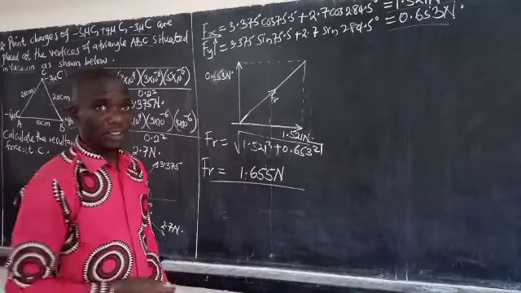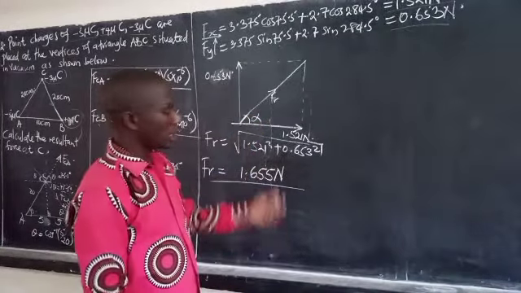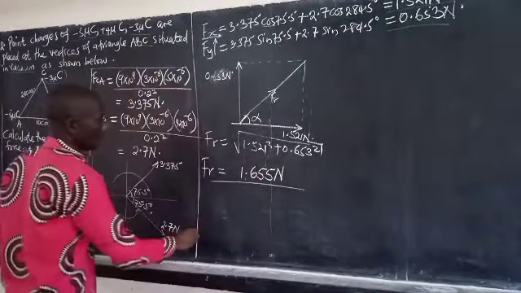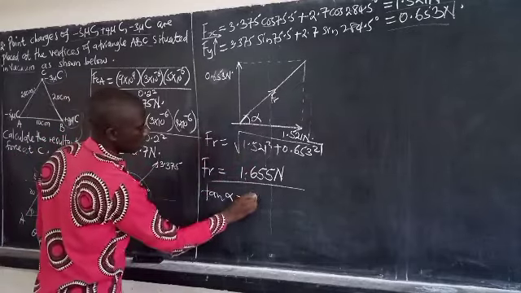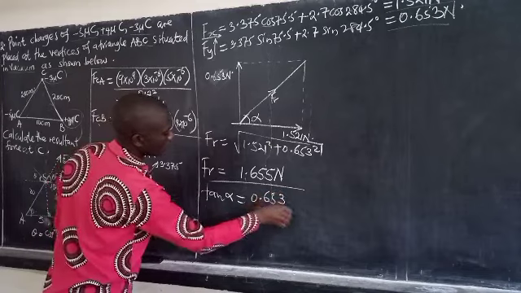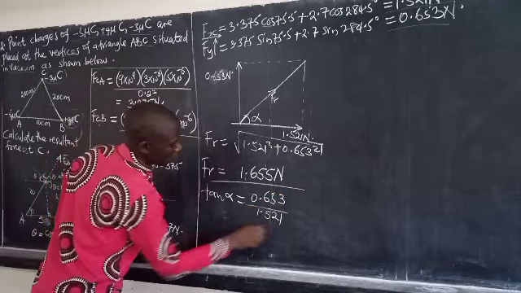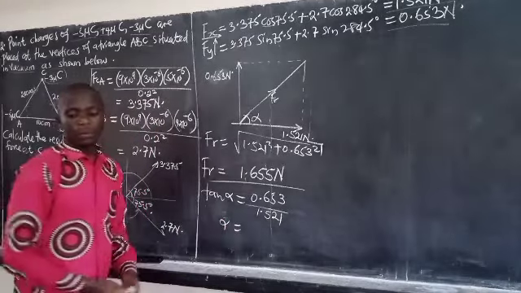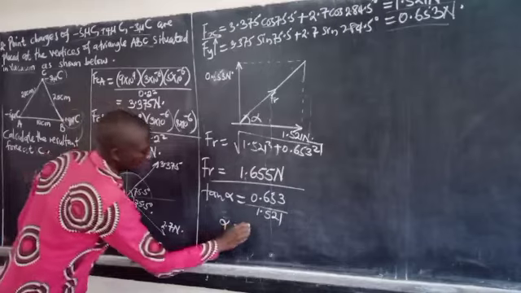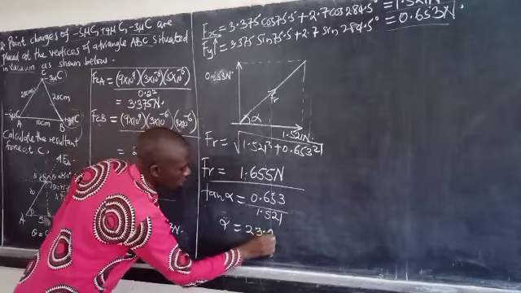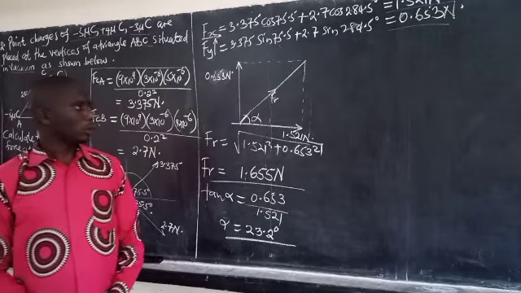But force is a vector quantity. We need the direction. At which angle? That angle: tan alpha is opposite, which is 0.653, out of adjacent, which is 1.521, and our alpha will become 23.2 degrees.